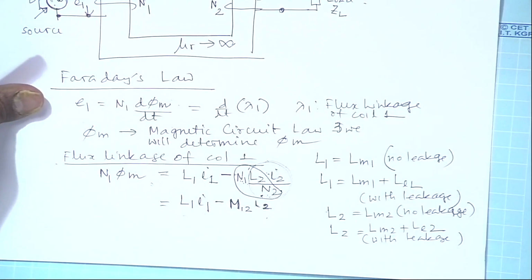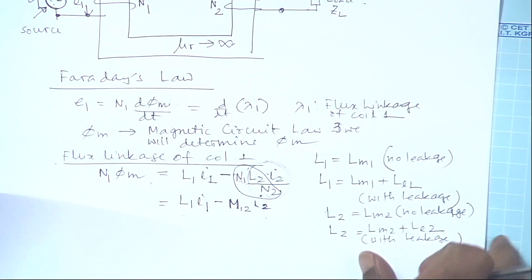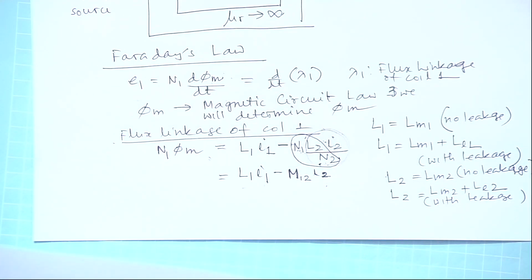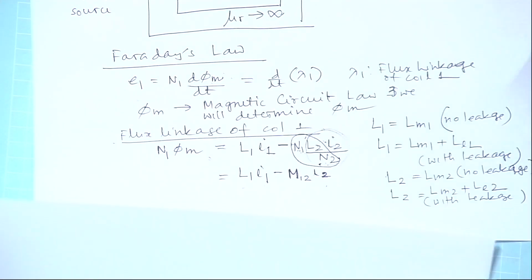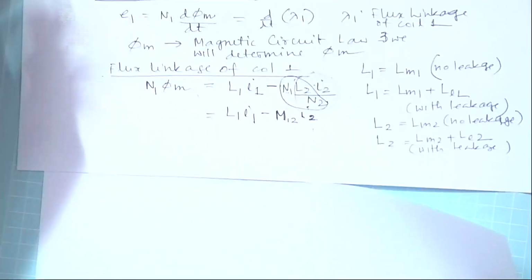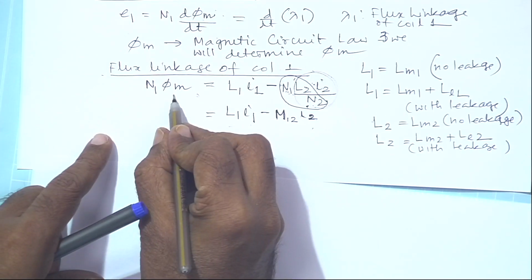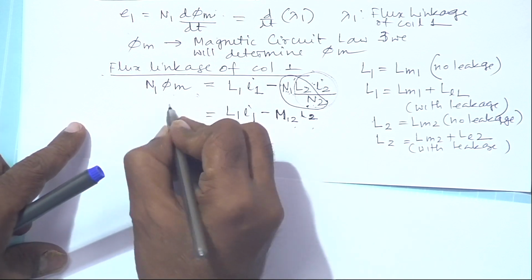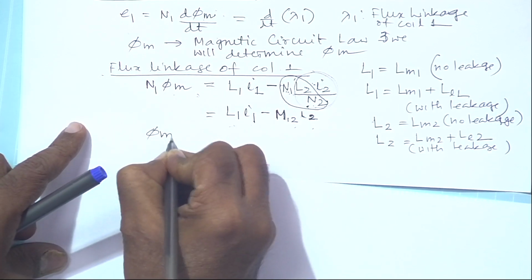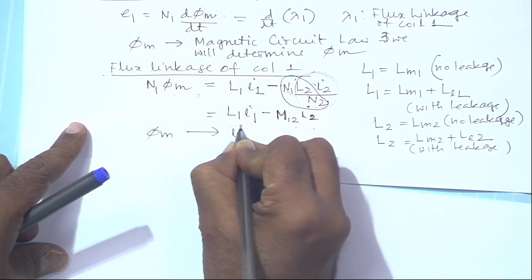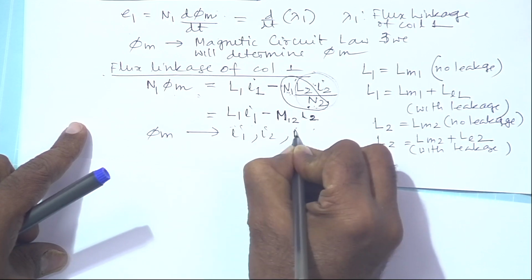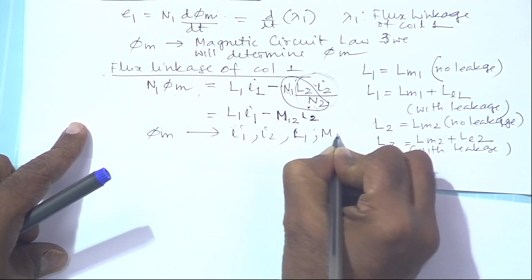So, therefore, in a circuit, why are we choosing this thing instead of flux? What is the objective? The objective is, instead of flux, to write in terms of I 1 and I 2, L 1, M 2, these variables.